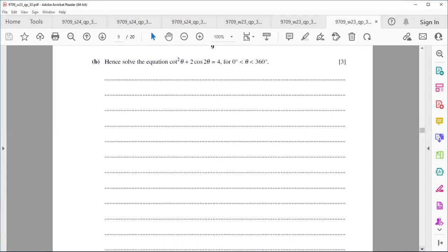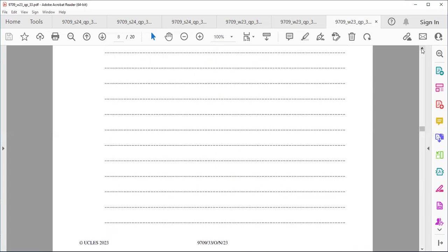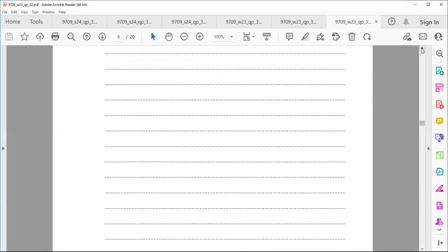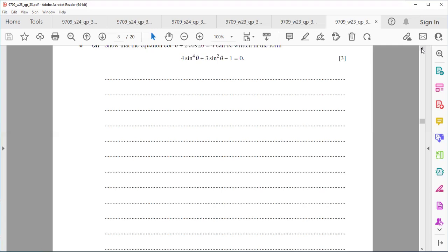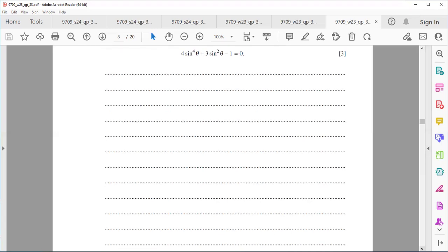Yes, the second part of the question is you have to solve this equation: cos square of theta plus 2 times cos of 2 theta is equal to 4. So up to now we have done all the steps where you transform it into 4 sine to the power 4 of theta plus 3 sine square of theta.